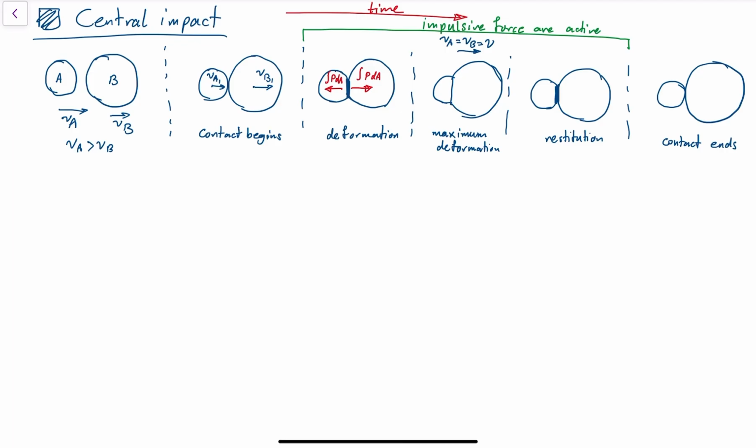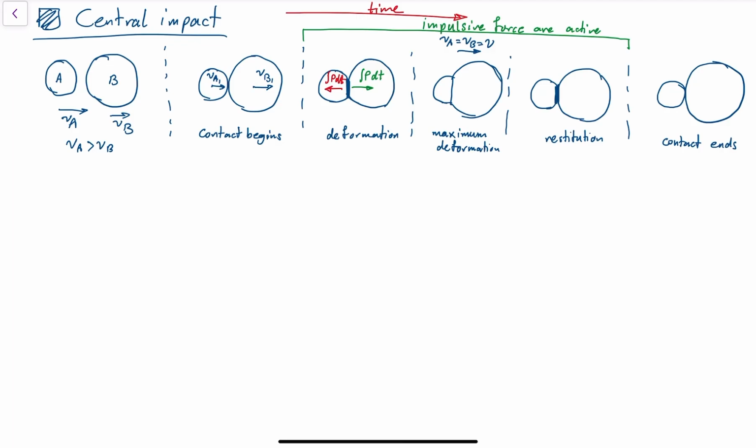Now let me color code this. Green is P dt. This is dt.